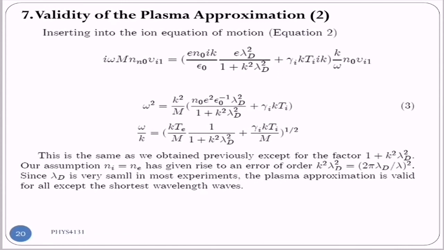This is the same as we obtained previously, except for the factor 1 plus k squared lambda D squared.